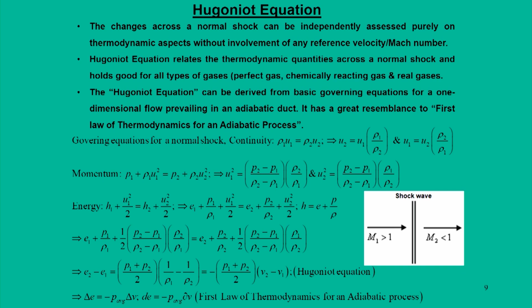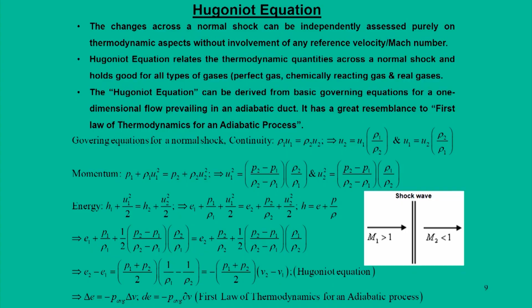Based on this we are going to see how that equation is related to fluid mechanics phenomena. We say that pressure increases across a normal shock. The thermodynamic viewpoint is that there is a compression process. Now, how can that compression process be independently assessed through a thermodynamic equation? So, we have to revisit three equations: the continuity equation, the momentum equation and the energy equation.